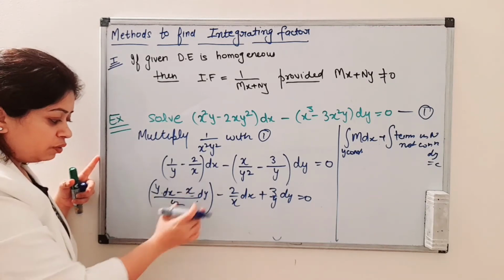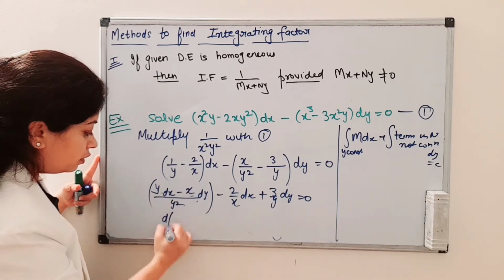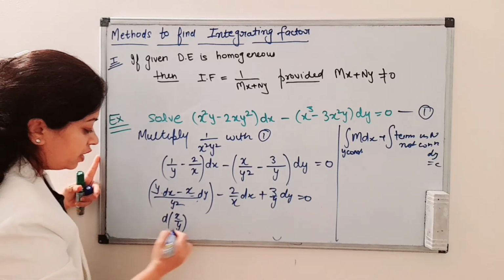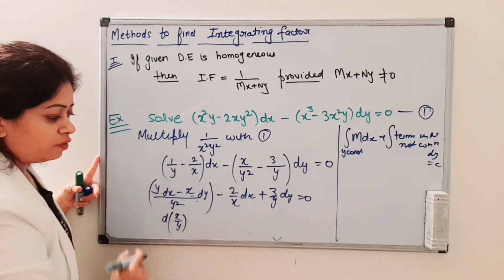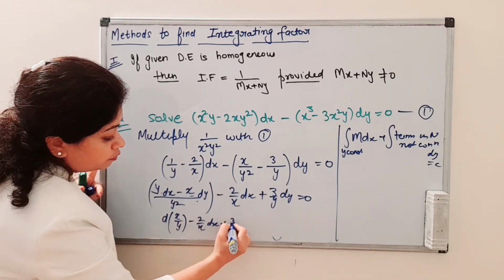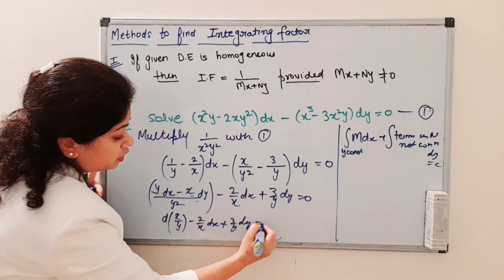And I told you that this is the exact differential of x upon y. So y dx minus x dy upon y square minus 2 upon x dx plus 3 upon y dy equal to 0.